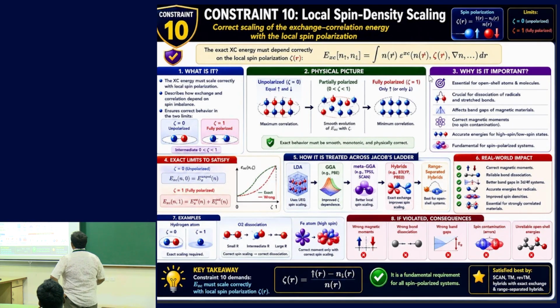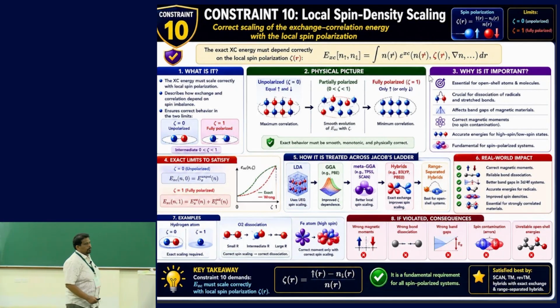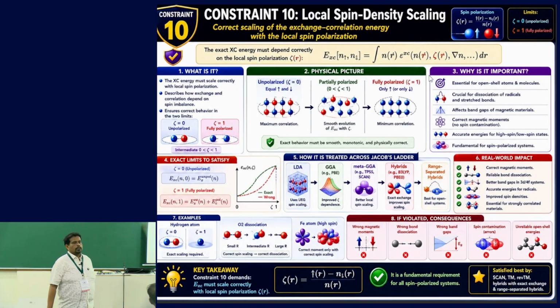Okay. So if that is the case, then the spin scaling we are doing before will give an upper hand if you use this spin scaling in the functional construction. Okay, so that is the thing.